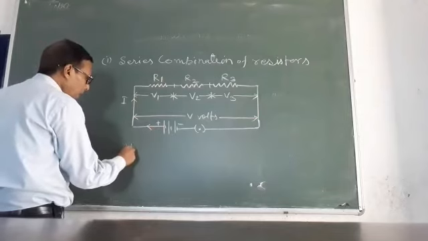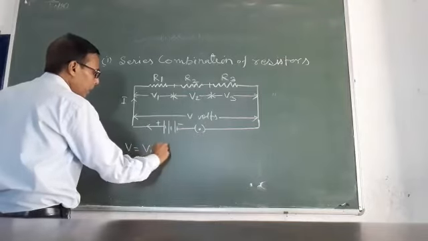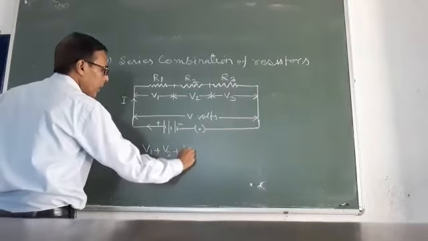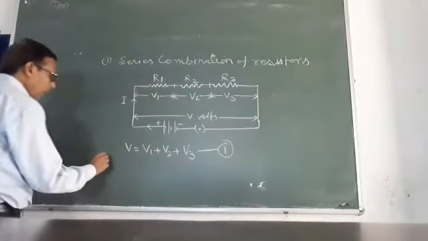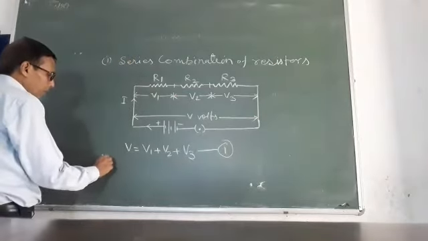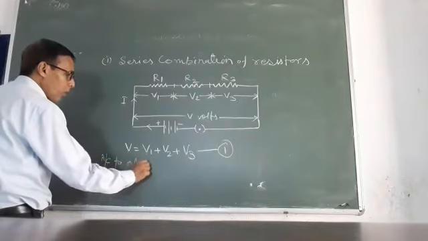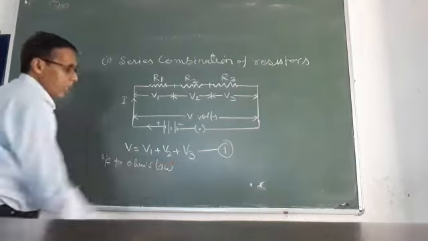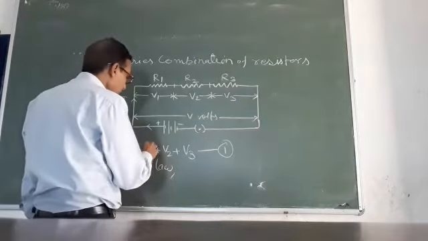So here the total potential difference V is equal to V1 plus V2 plus V3. Suppose this is equation 1. According to Ohm's law, V is equal to IR.